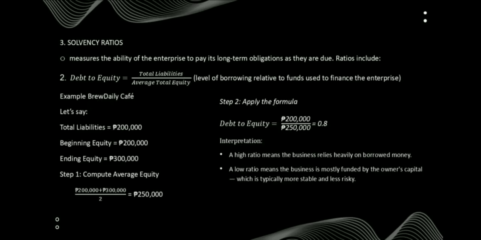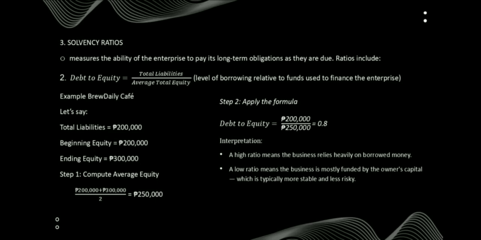Debt to equity. This is where we measure the level of borrowing compared to the owner's equity. This ratio tells us how much debt a business is using for every piece of equity provided by the owner. Let's use the Brew Daily Cafe as an example. Let's say they have a liability of 200,000 pesos, beginning equity of 200,000 pesos and ending equity of 300,000 pesos.